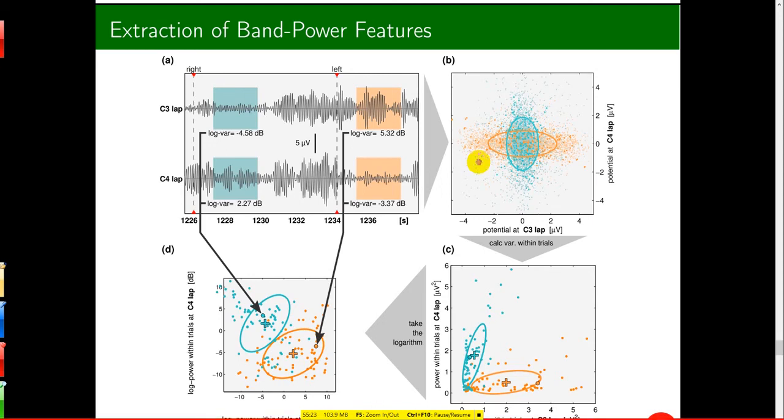In one case, we have high variance. In this case, small variance of sample. And this can be plotted, visualized in two dimensions like this. And what do you see here? Much better, right? And if you just take the logarithm of this variance, each point represents one single trial. You have a very nice Gaussian distribution of two classes with the centers located here.